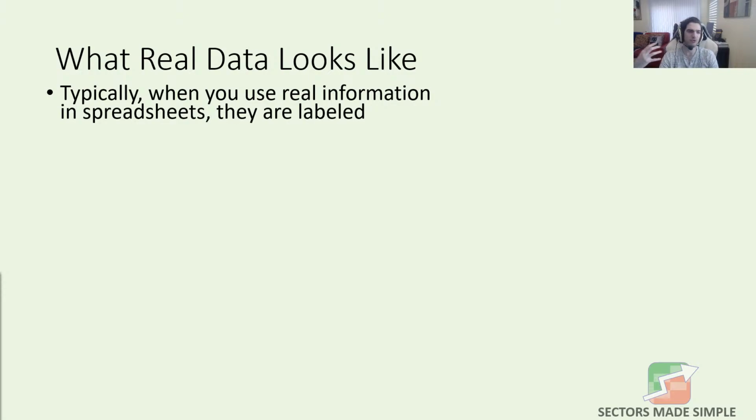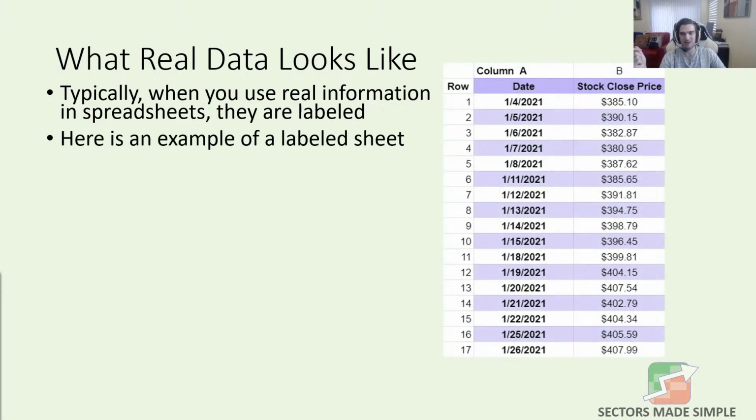It's oftentimes going to come labeled. Everything will tell you what it is. So here's an example. Now, in a real spreadsheet, you're not going to have the row and the column labels. I just did that for you so that it looks a little bit neater and it's easier to follow.